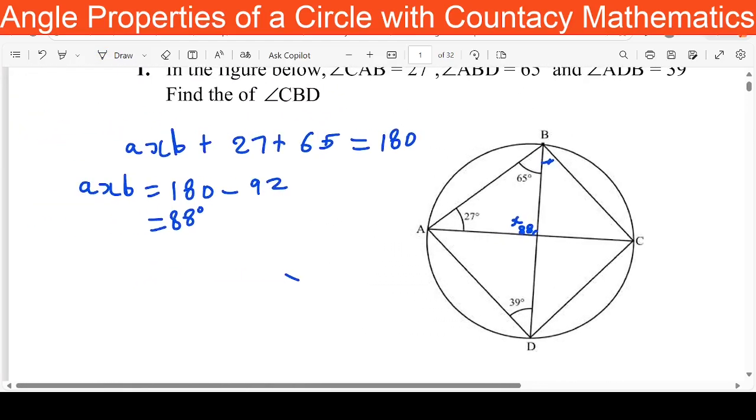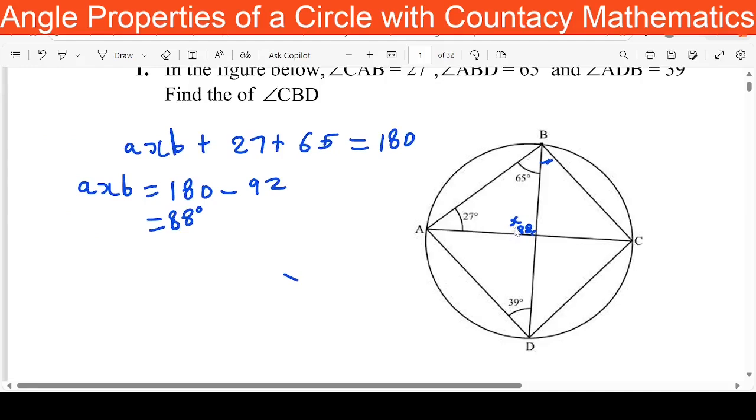Let's get back to the question. So we have 88 degrees here. I believe it is also quite straightforward to find the value of this angle right here, which is AXD. Let us actually write it down here.